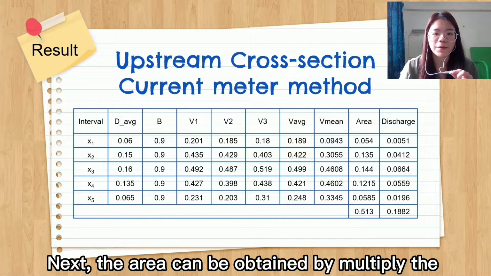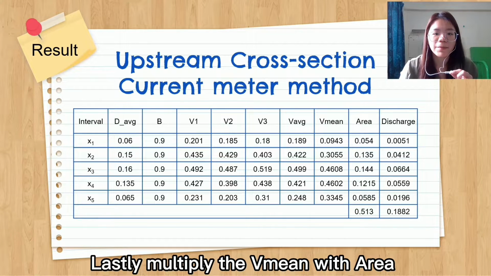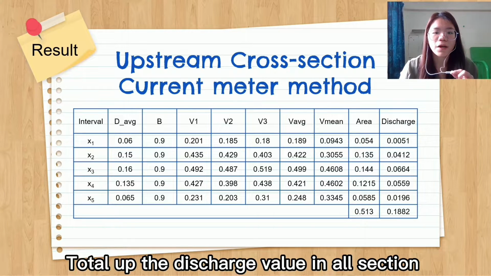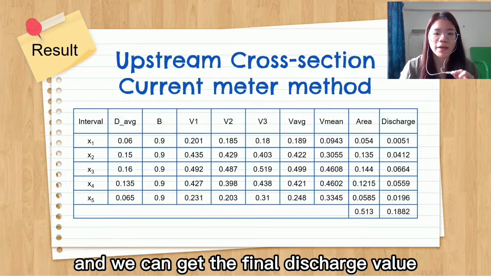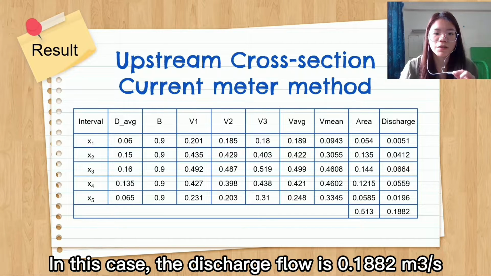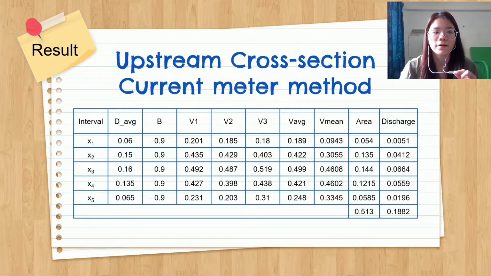Next, the area is obtained by multiplying the D average with the width. Lastly, multiply the V mean with the area and we get the discharge value for each section. Total up the discharge values in all sections and we get the final discharge value for the upstream flow. In this case, the discharge is 0.1882 cubic meters per second and the total area is 0.513 square meters.